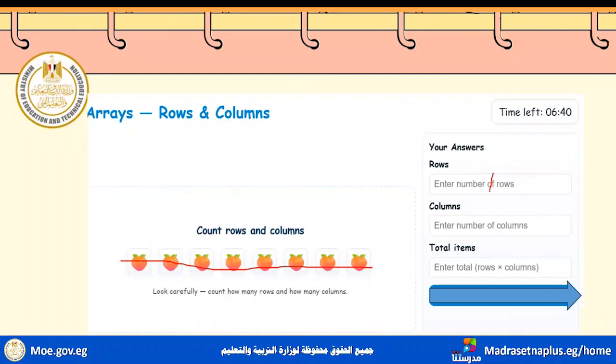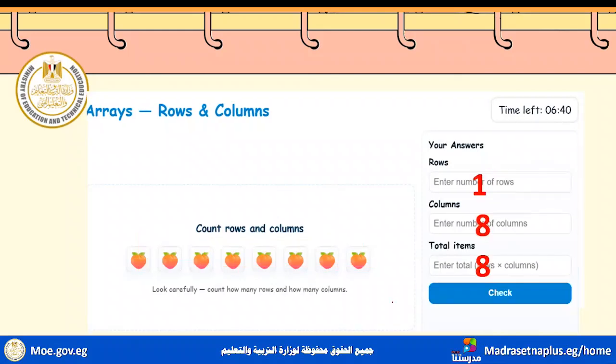How many columns? Don't forget, a column comes from up to down. That means 1, 2, 3, 4, 5, 6, 7, and 8. Total number of items: 1, 2, 3, 4, 5, 6, 7, and 8. Yes.